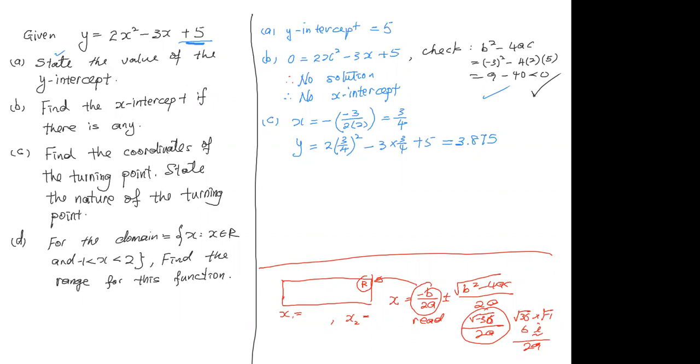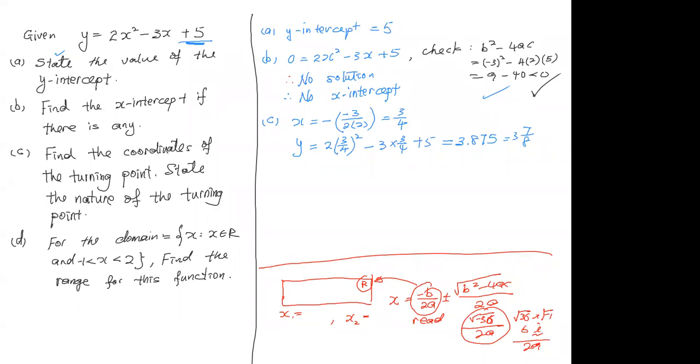Yeah, 31 over 8. So 3 and 7 over 8. Okay, so coordinate.